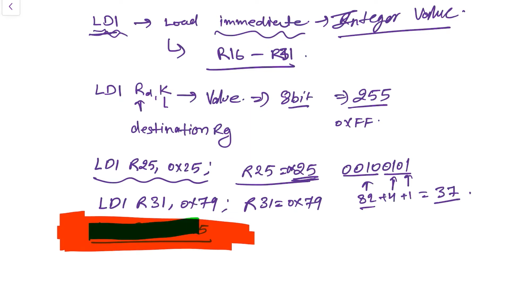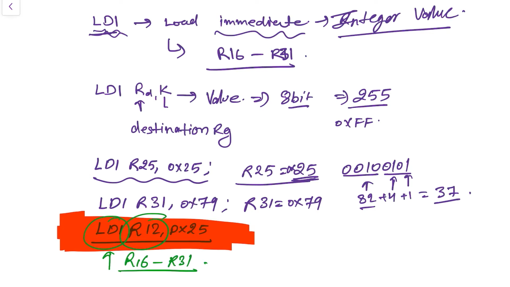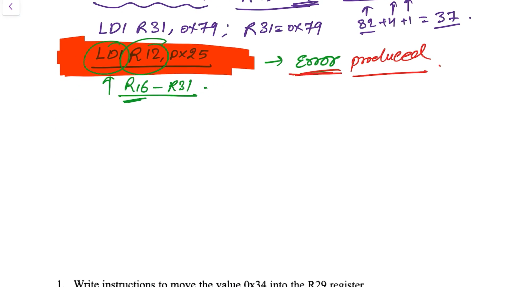Since this LDI only operates from R16 to R31. So here R12 is less than R16, that means this is going to produce an error. So the compiler will not compile this type of code.